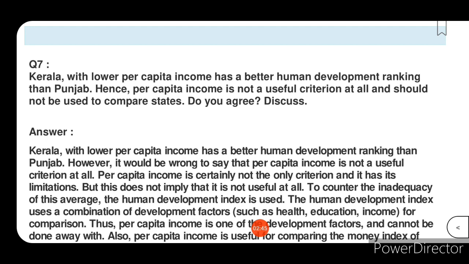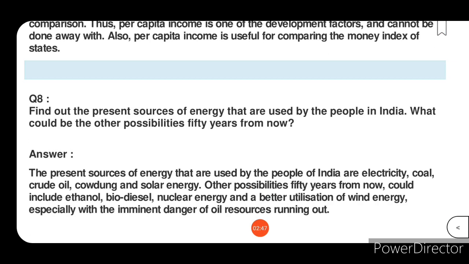Question is 8th. Find out the present sources of energy that are used by the people in India. What could be the other possibilities 50 years from now? Answer is the present sources of energy that are used by the people of India are electricity, coal, crude oil, cooking gas and solar energy.